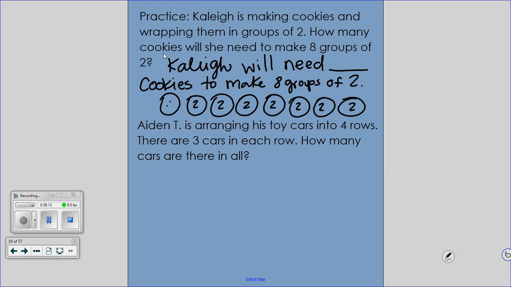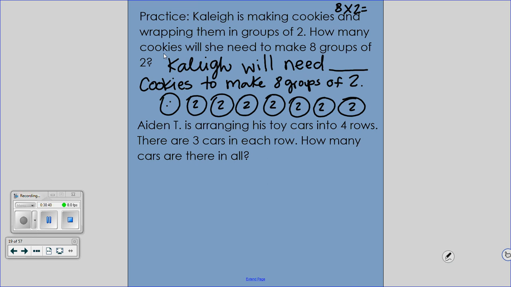But I've learned some better math. So instead of doing a repeated addition equation, what kind of equation could I do? We can do multiplication. Great, what's that going to look like? It's going to be 8 times 2. 8 times 2 equals.